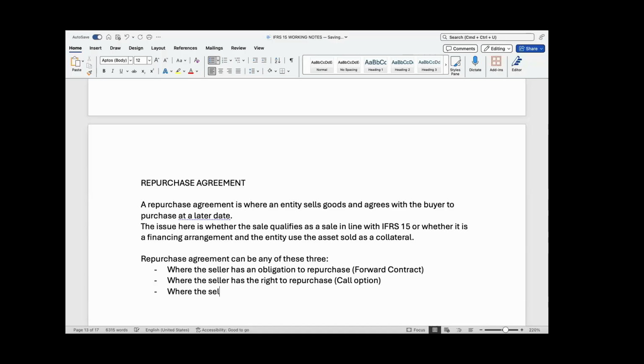Okay, where the seller must repurchase if requested by the buyer. Is better. So where the seller must repurchase it if requested by the buyer. So if the buyer says, come and buy it back, come and repurchase, he must repurchase it. We call that put option.